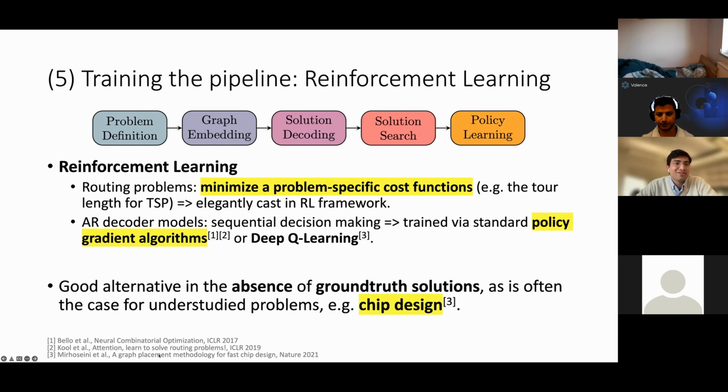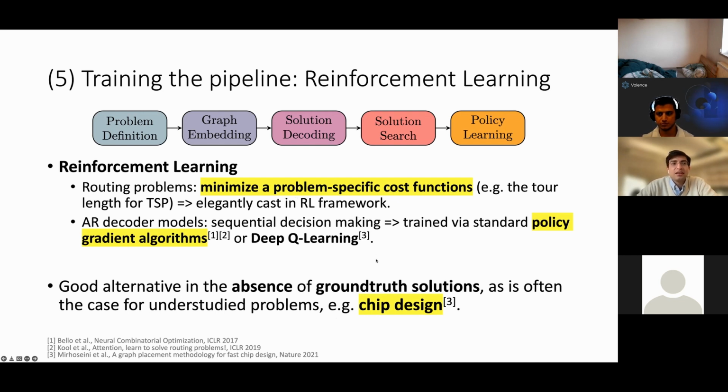This is a wrong citation. I should change that. So deep Q learning was from the paper by Elias Khalil, Hanjun Dai, and others at NeurIPS. But essentially, you can cast these problems as RL because you're minimizing a cost function.